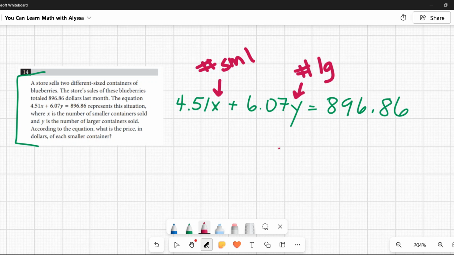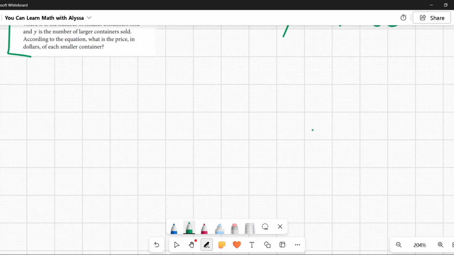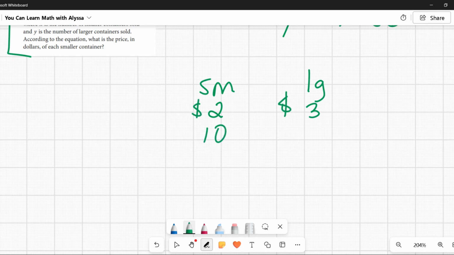All right, and I'm going to make my own equation. If I said I'm selling blueberries and I have a small and I have a large, and my small costs $2 and my large costs $3, and I sold 10 of the small and 20 of the large, how would I find out how much money I'd made?